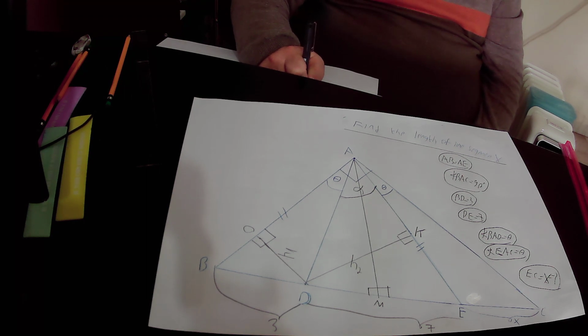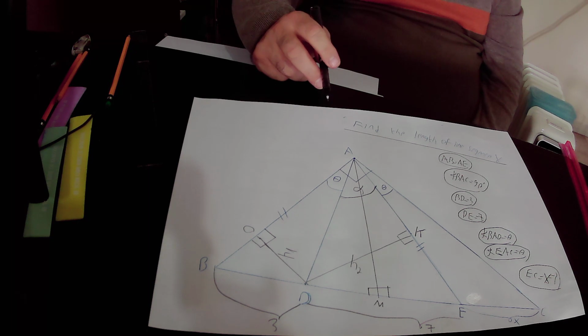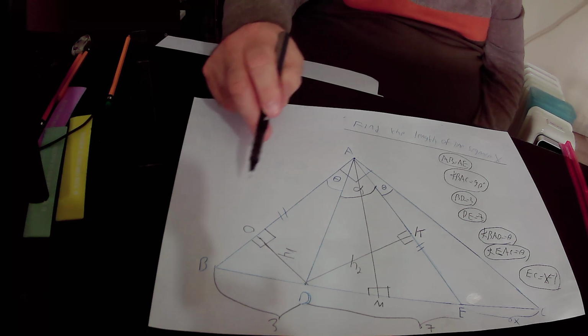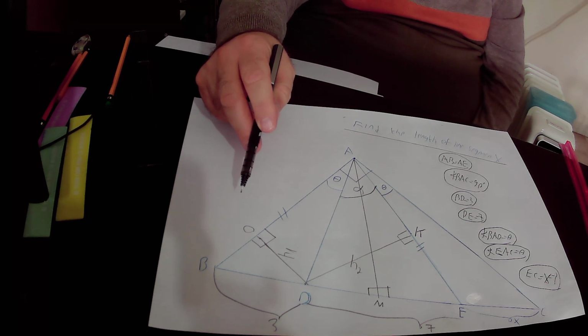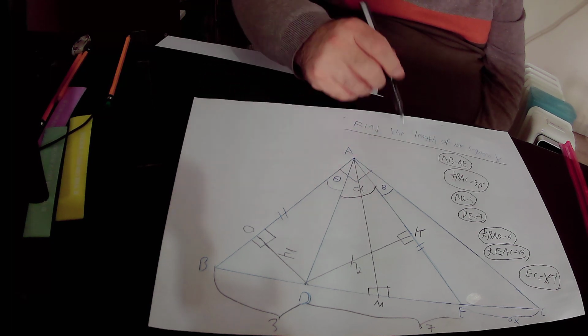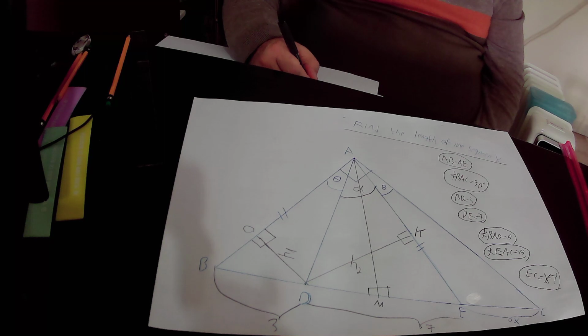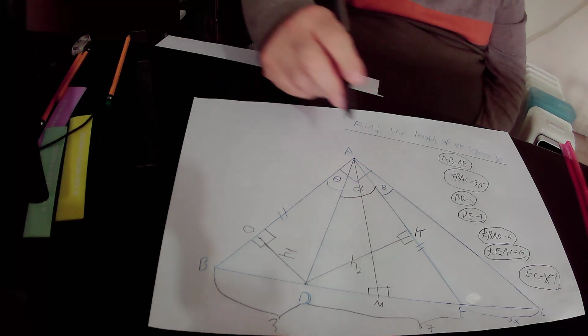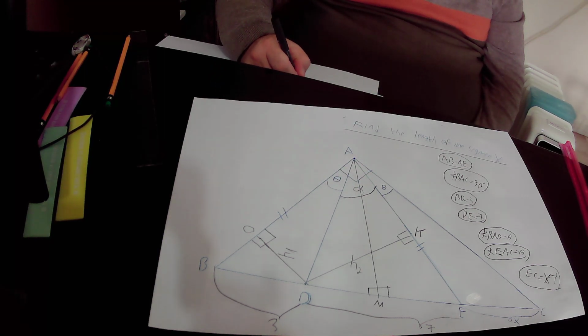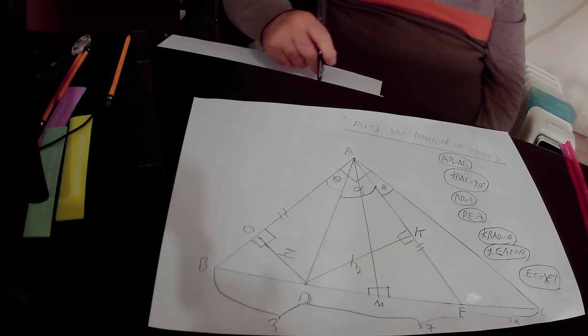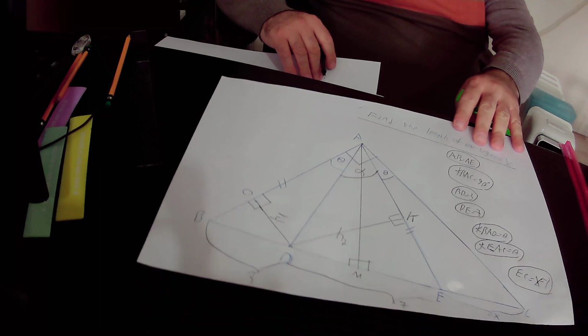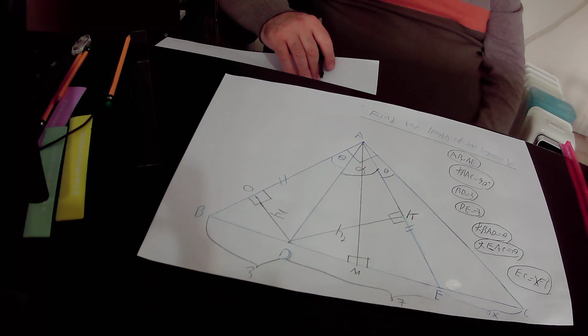And the base of the isosceles triangle ABE is BE. The base of the isosceles triangle ABE is side BE. And we actually have rule number 1.